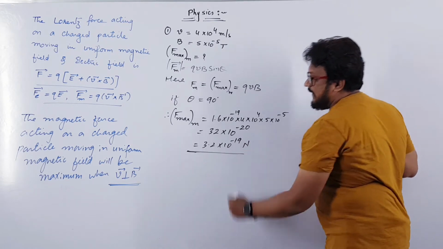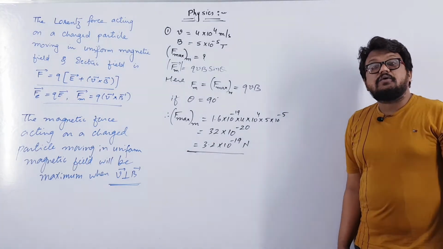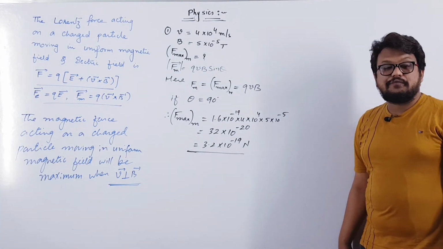This is the maximum force acting on an electron moving in a uniform magnetic field.